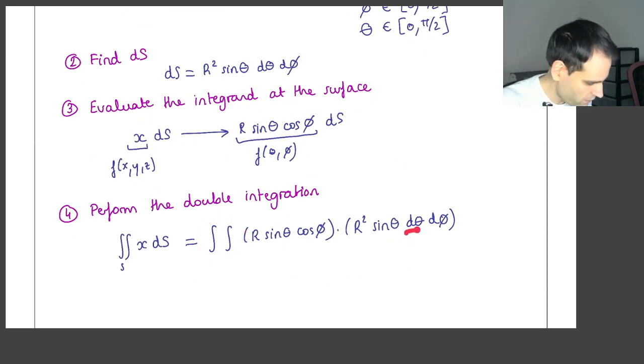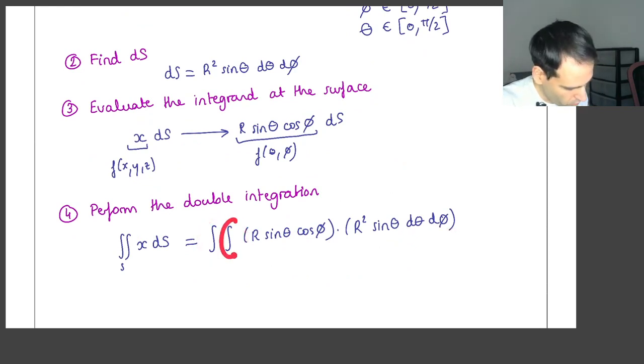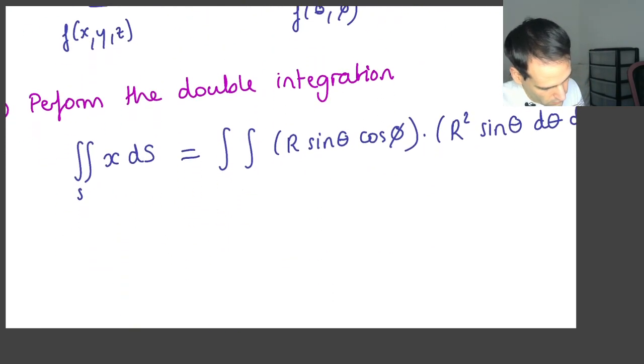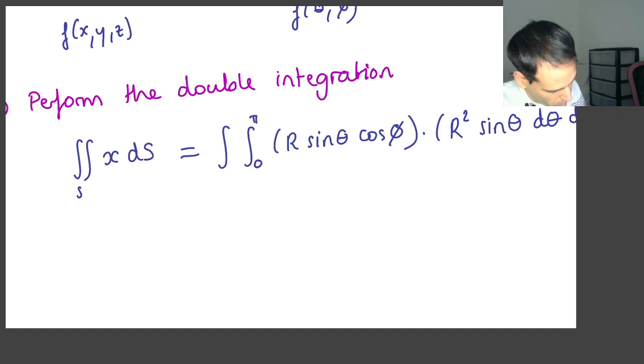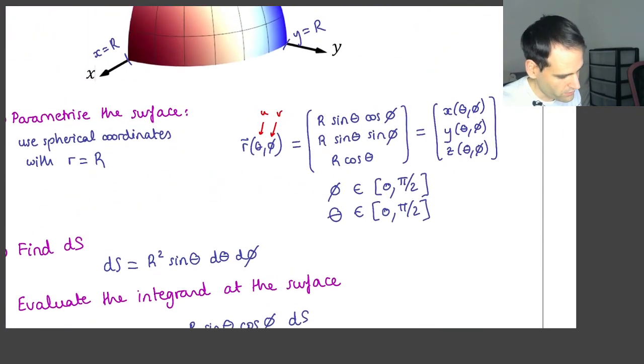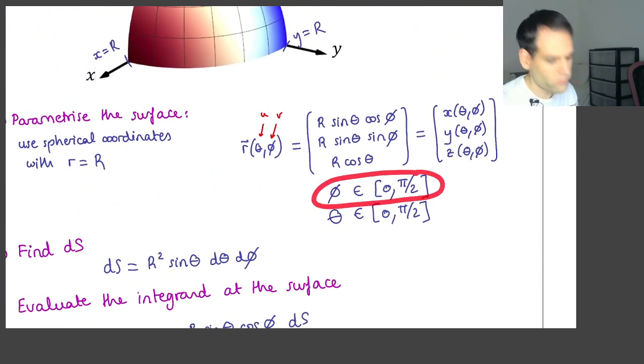We have d theta and d phi, which means that here go the limits for theta, 0 to pi over 2, from the first step. And then d phi means that the limits of this outer integral must be the limits that we wrote for phi, 0 to pi halves.